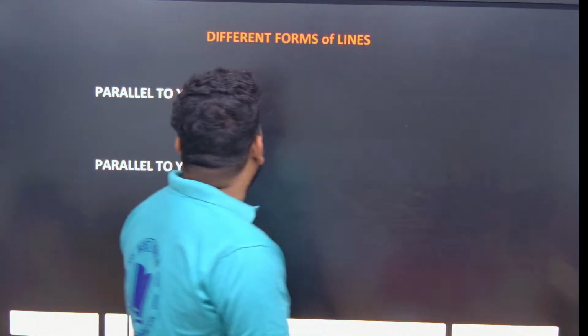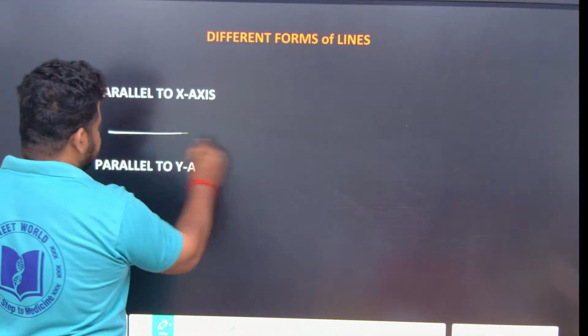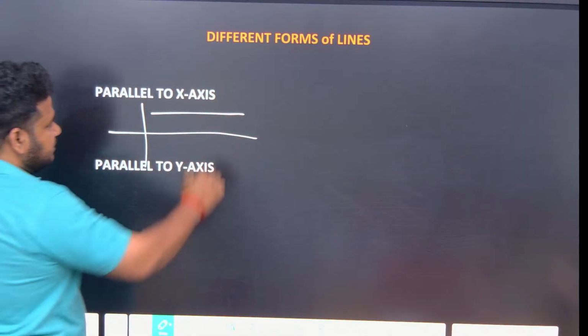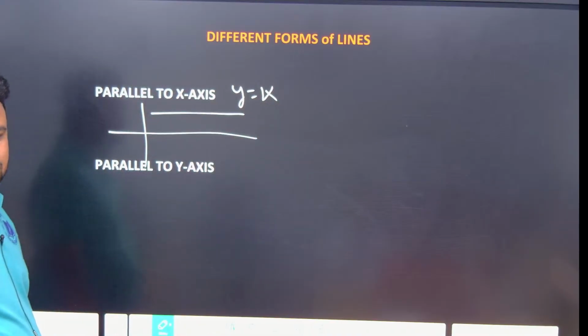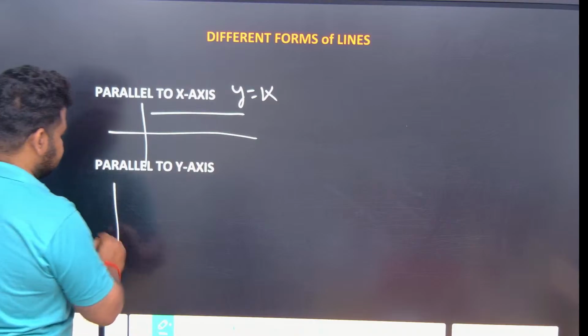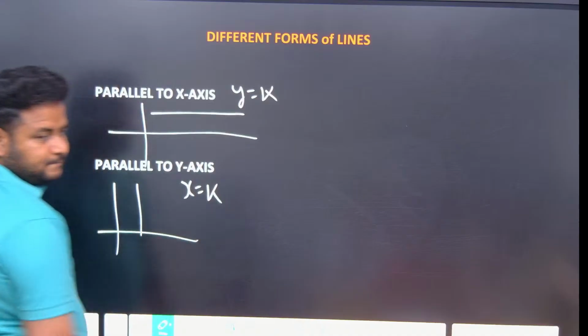Next thing will be parallel to the x axis. If a straight line is parallel to the x axis, the equation will be y is equal to k. If it is parallel to the y axis, we will take x is equal to k. Make a note.